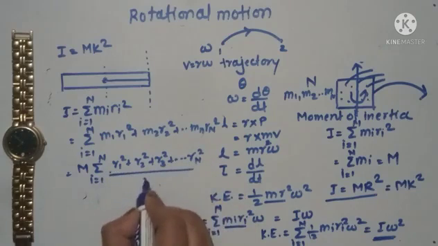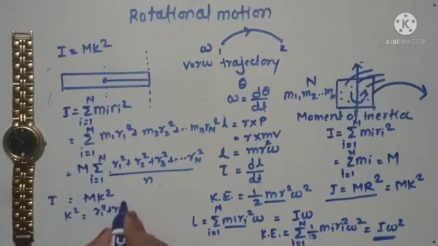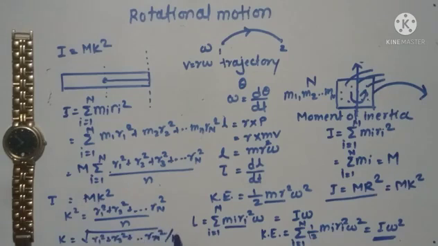upon n. Or we can also say that I is equal to m into k square, where k square is equal to r1 square plus r2 square plus up to rn square upon n, or k is also called the square root of r1 square plus r2 square plus up to rn square upon n.